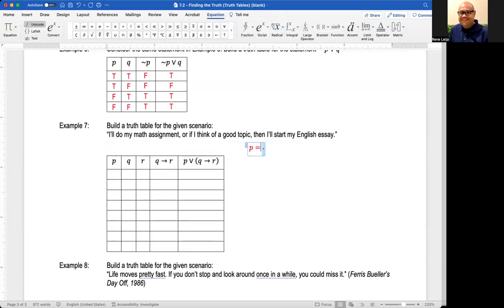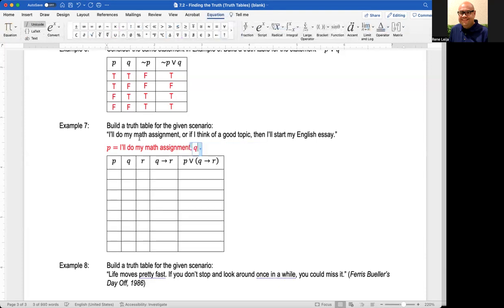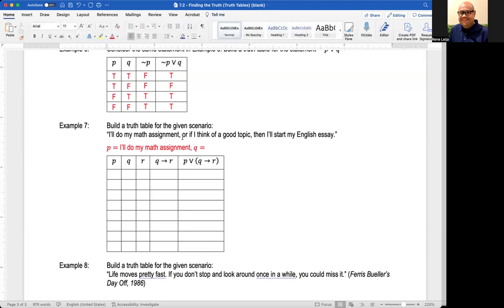So P equals, that's going to be the first statement that we have, which is I'll do my math assignment. Now, when we label P, Q, and R, we're not worried about the connectives. We just have to label them. Okay, the next one is going to be Q. So Q is, here's the or.